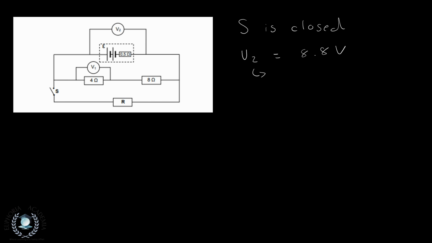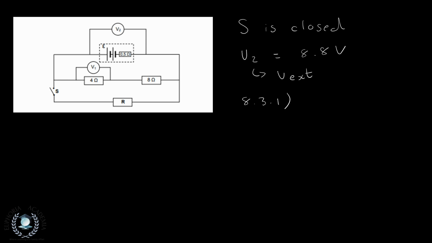Now, you should know, or as stated in the analysis of the circuit, our V2 is actually our external voltage. All right, now question 8.3.1 is asking us to calculate the resistance of R.